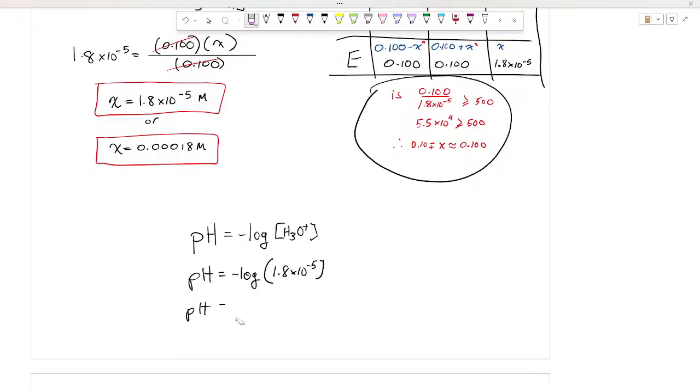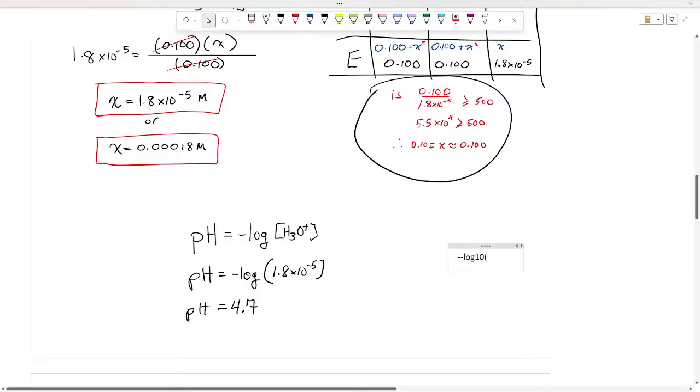Oh, yeah, that makes sense. Does it make sense? 4.7, right? Negative log base 10 of 1.8 times 10 to the negative 5 gets 4.7.